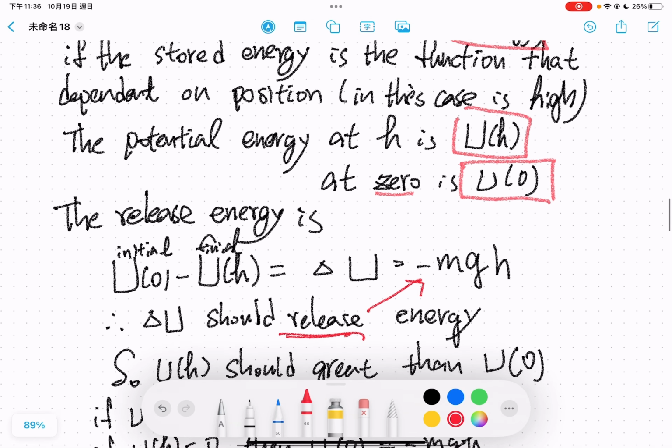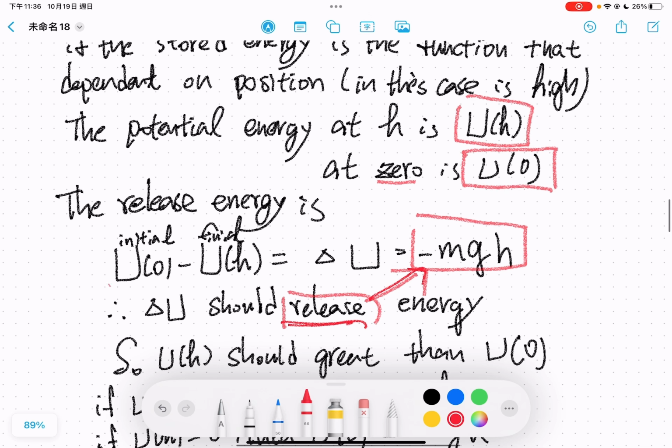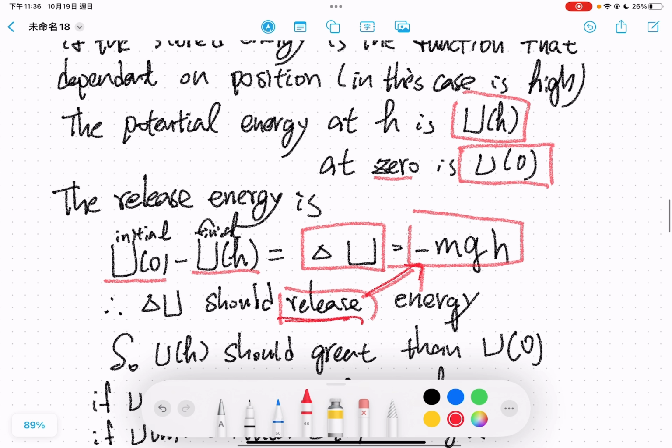The released energy is minus mgh. The minus sign means release. So the initial potential energy minus the final potential energy; we write the change of the potential energy with a minus sign.